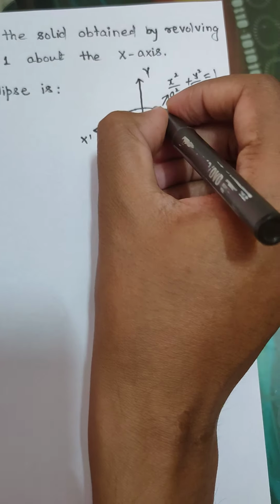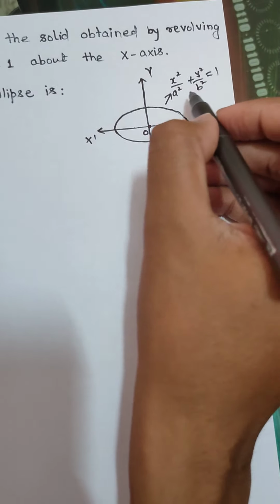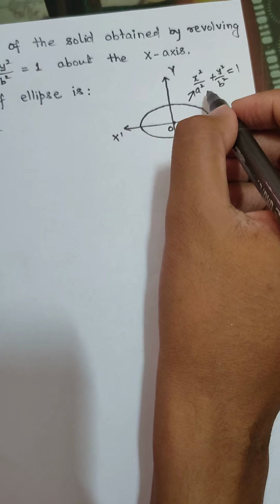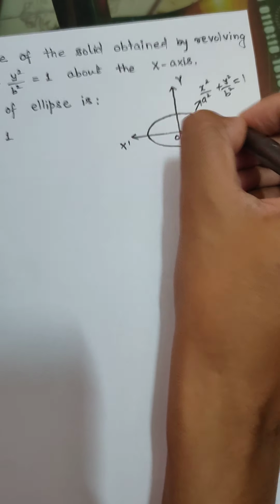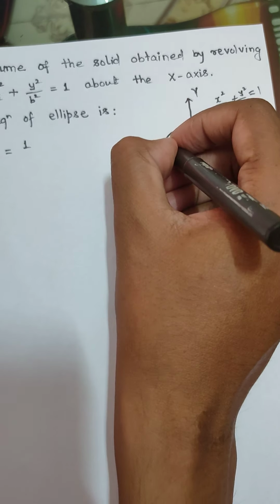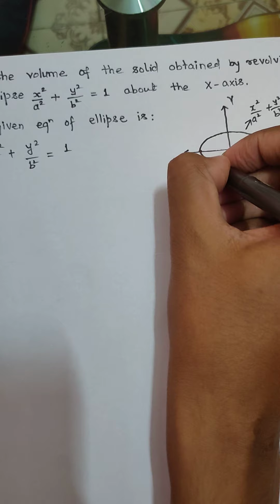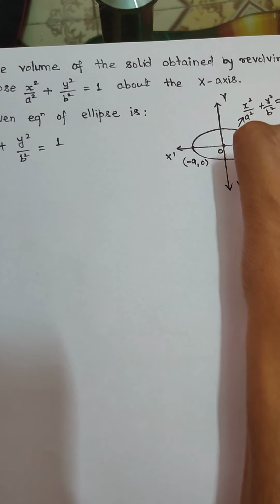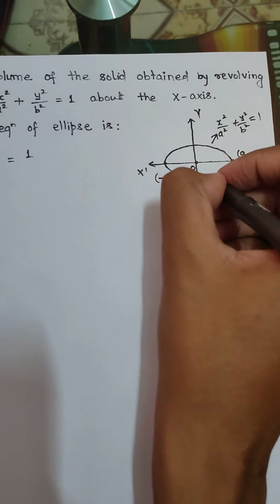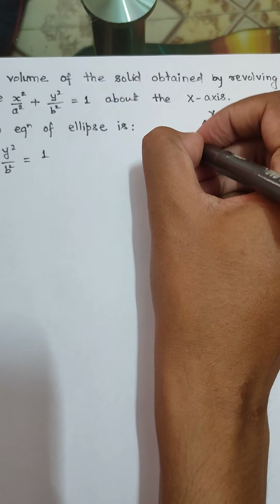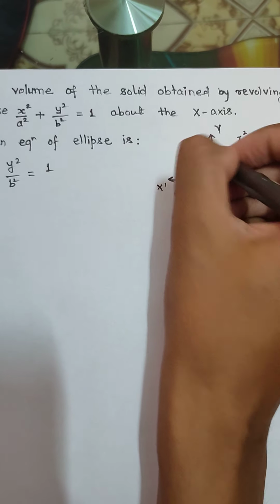As you all are very aware, this is the standard ellipse with semi-major axis of length a, so its endpoints are minus a, 0 and a, 0, and the semi-minor axis has endpoints 0, minus b and 0, b.